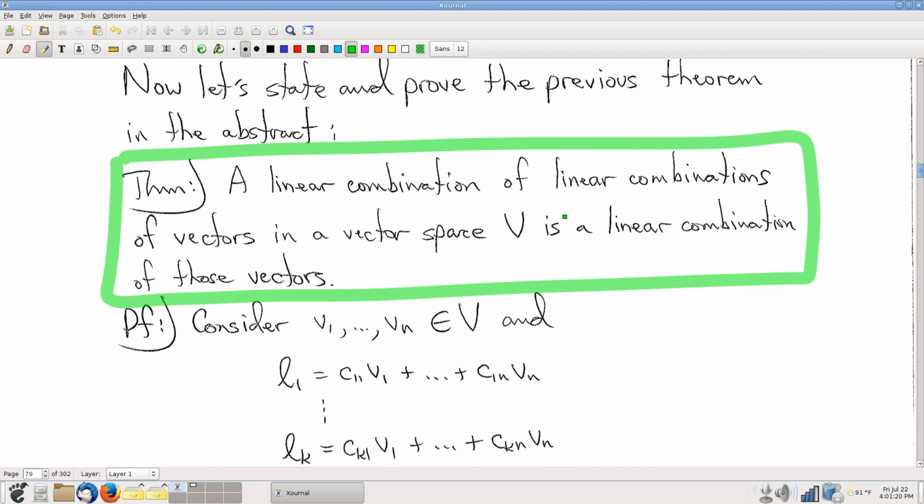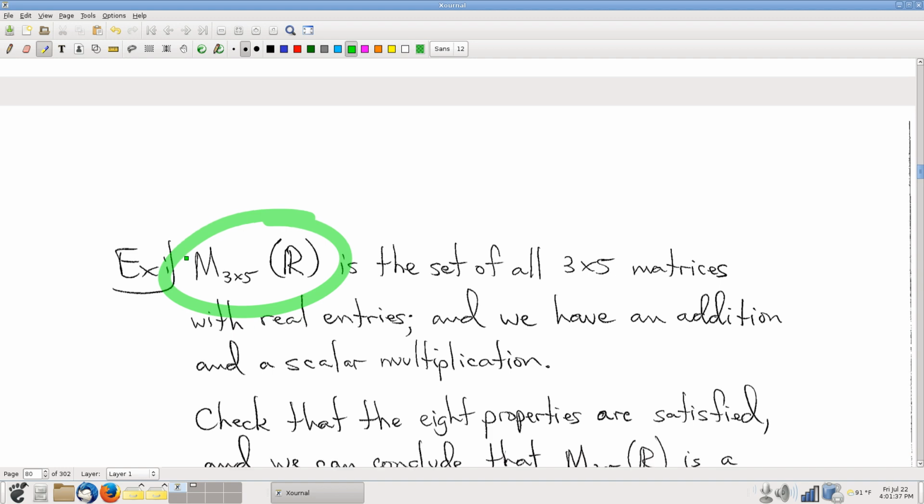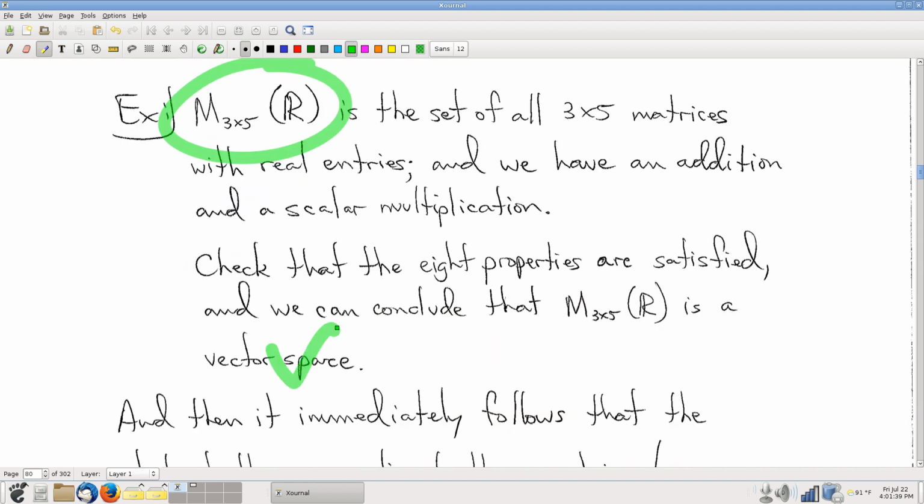And furthermore, as soon as you show that an object is a vector space, because you've been proving theorems in the abstract, you get for free an enormously long list of theorems about your new object that are automatically true because you proved them in the abstract about vector spaces.